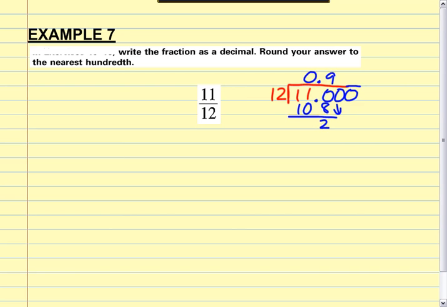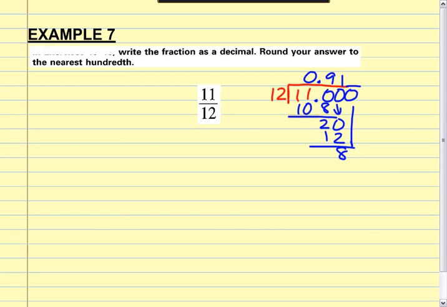And I'm going to bring down this 0, and now I've got 20. Excellent. 12 goes into 20 how many times? Once. 1 times 12 is 12. 20 minus 12 is what, Isabel?